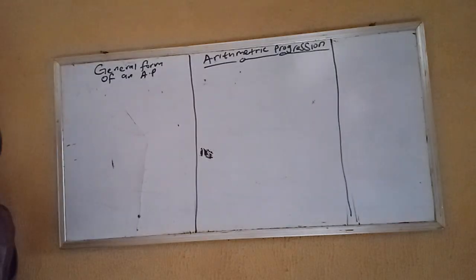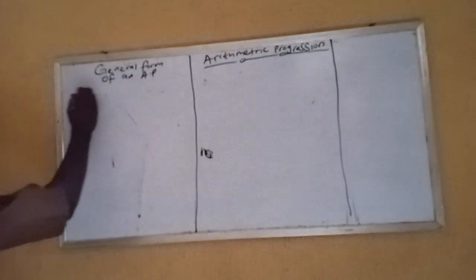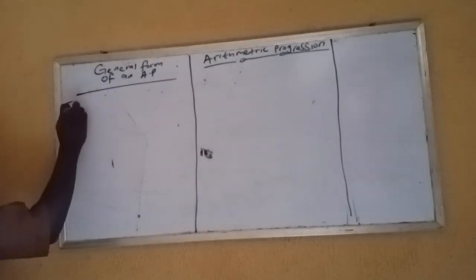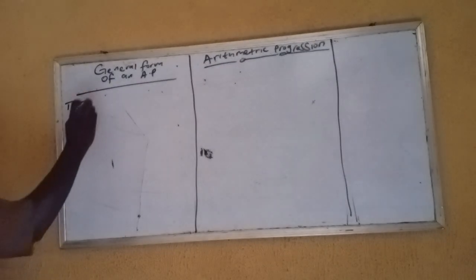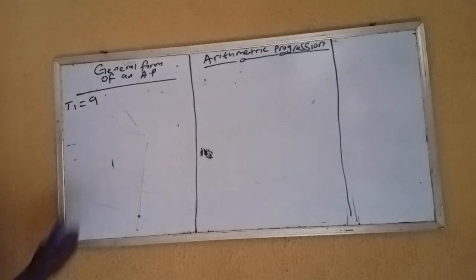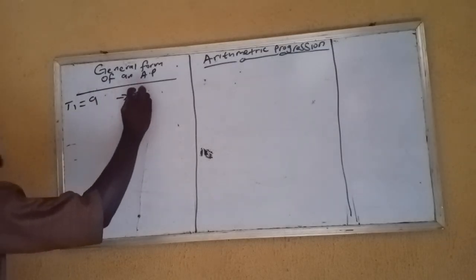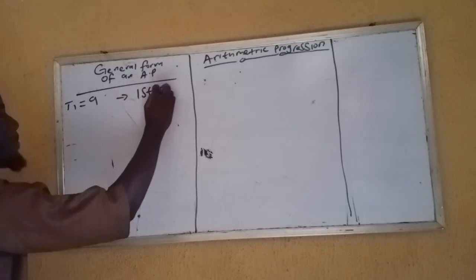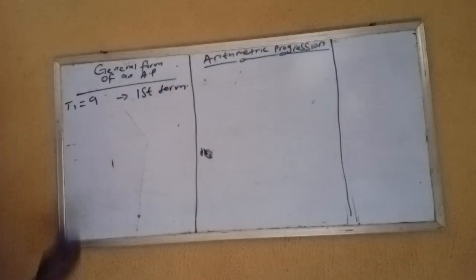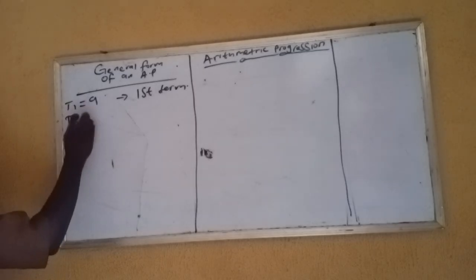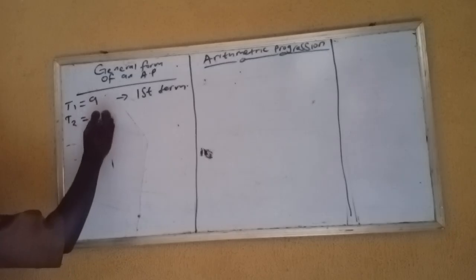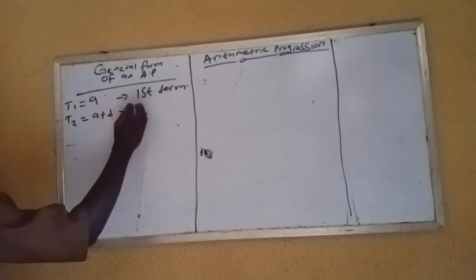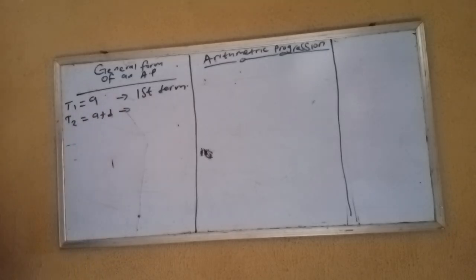So guys, your first term, T1, is denoted as A, because this is the first term. Your second term, T2, we denote it as A plus D. Are you getting me, guys?